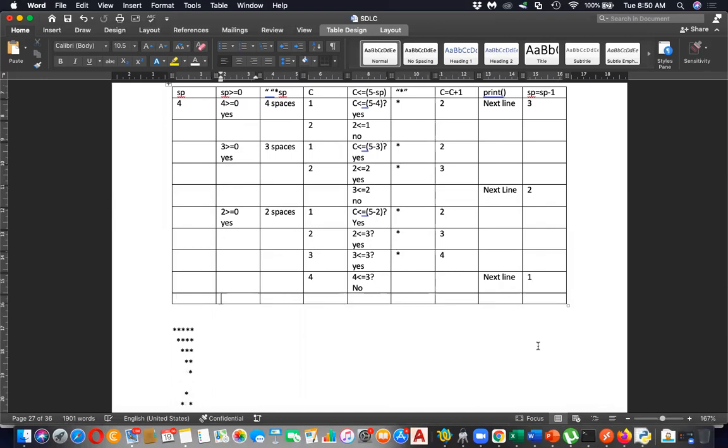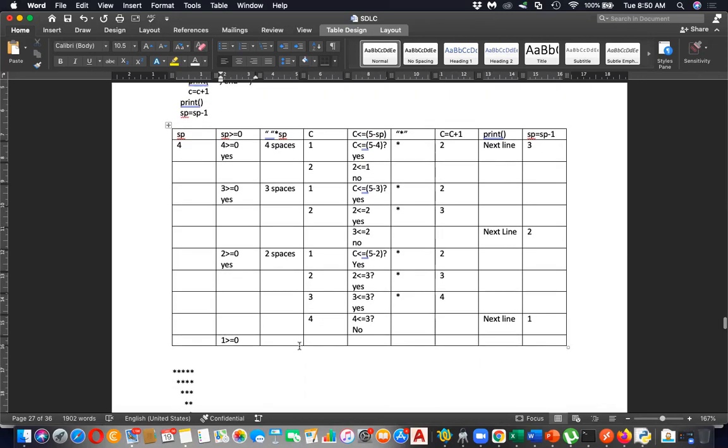Okay, now 1 greater than or equal to 0. SP is 1. 1 greater than or equal to 0. Yes. So how many spaces? SP is 1 means how many spaces?